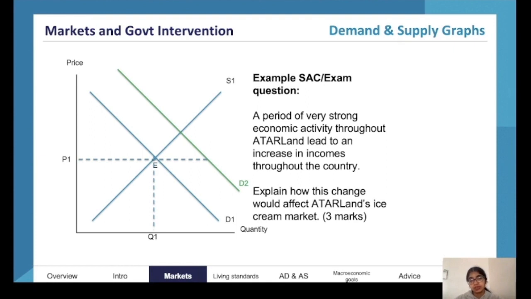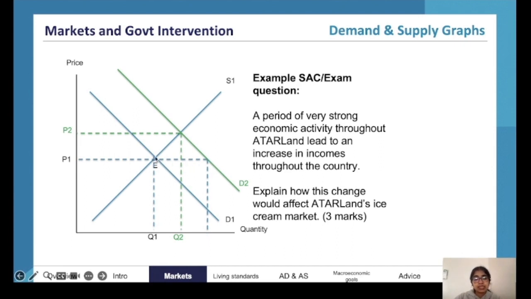So demand shifts right. At any given price of ice cream, more people are willing and able to buy it. Next, at the old equilibrium price, you can see the dotted line extended, there is a shortage. Supply is here, demand is here, there's a shortage.